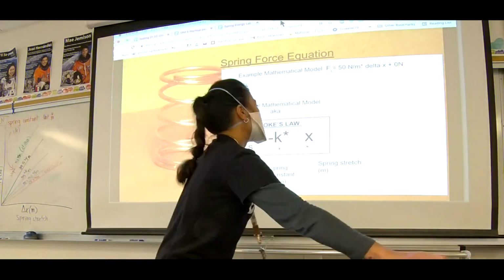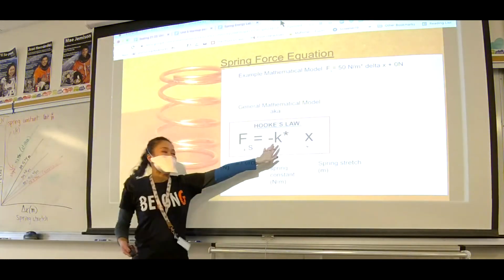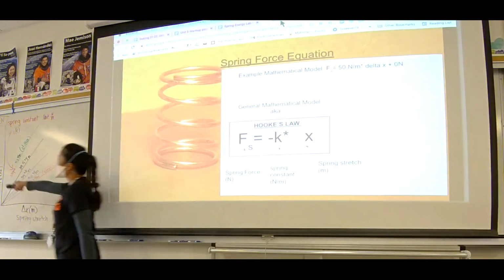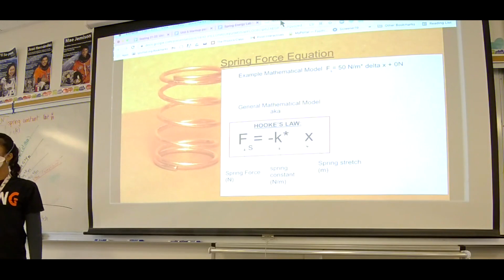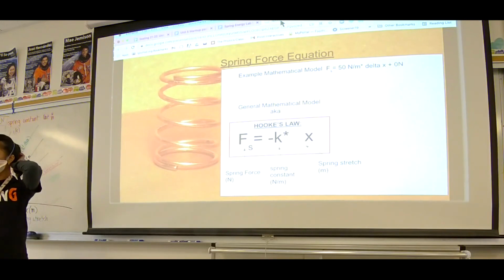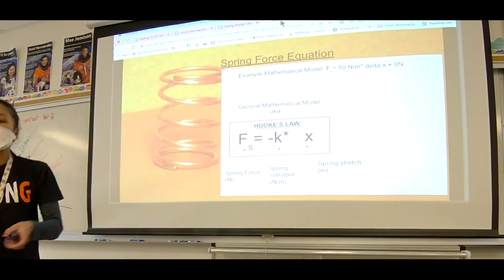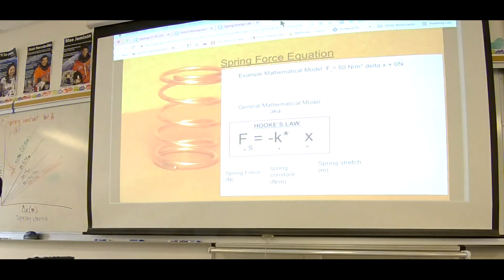But why is it negative when you guys had a positive value? Any thoughts? Ellen? If you think about it, if I pull the spring to the right, what direction is the force of the spring pointing in? To the left. It opposes the applied force.